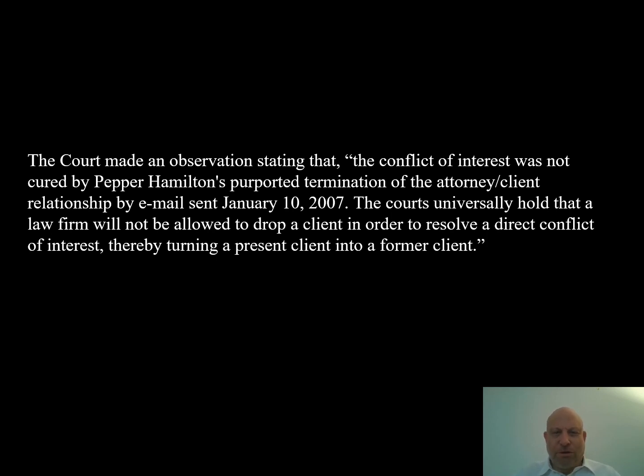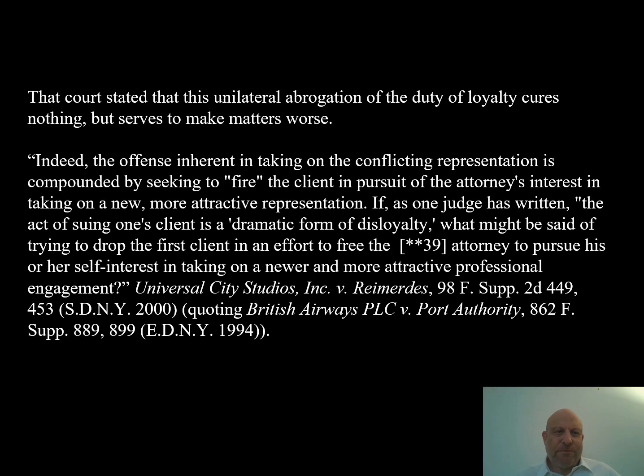The hot potato rule. Clients are not hot potatoes. Can't be treated like that. There we go again. So maybe I'm beating a dead horse here, but this is a quote from a case that the opinion cites.